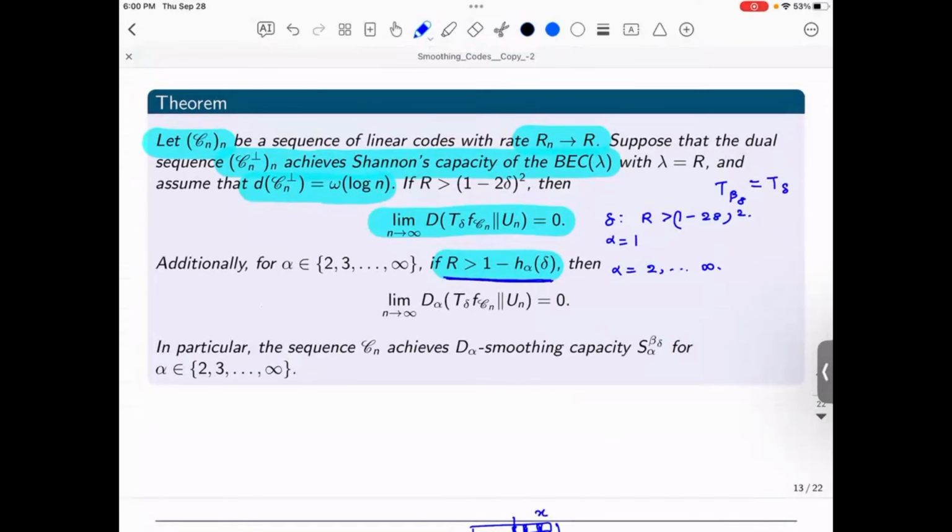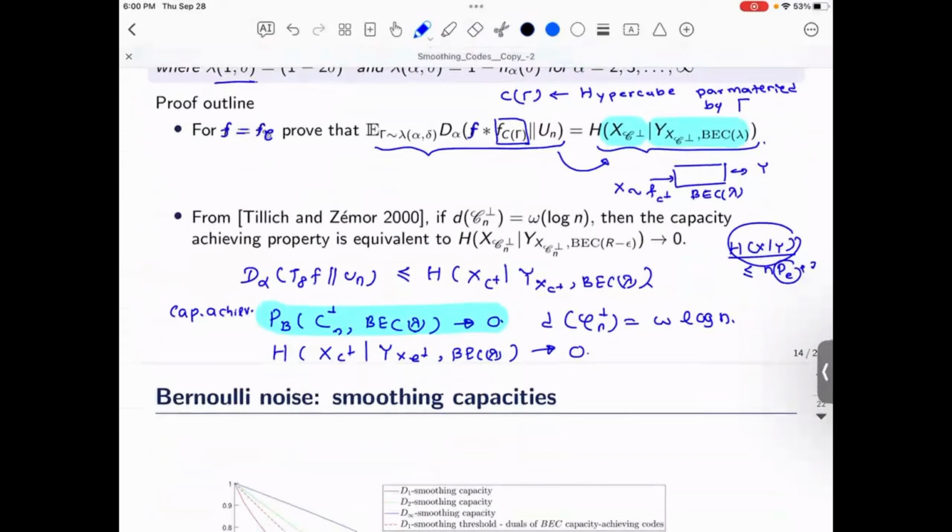It appears because we have this equation, but we still want to make a statement based on the capacity achieving property. So the capacity achieving property is this condition. I want them to be equivalent. For that to be equivalent, I need a growth in dual distance. Once they are equivalent, then only the rate plays a role.